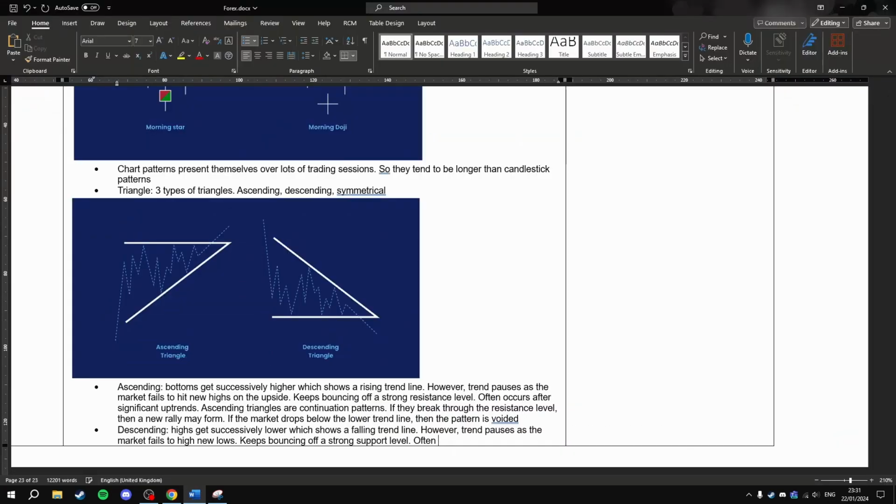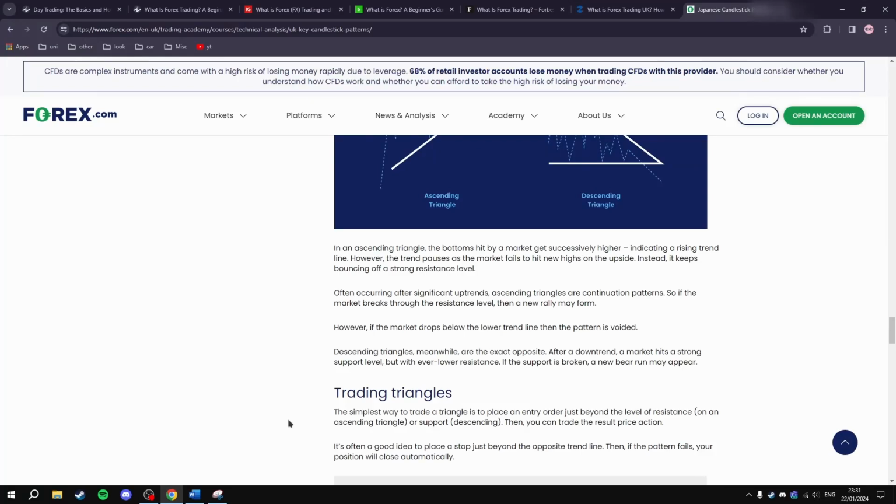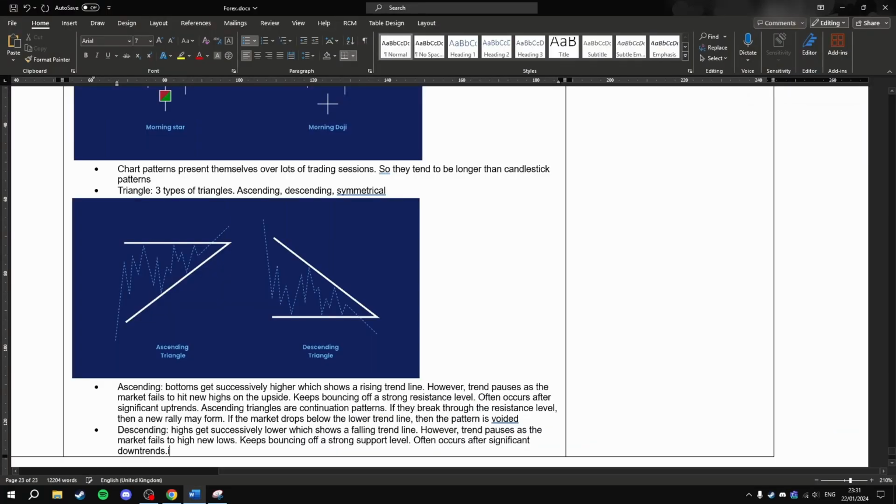This often occurs after significant downtrends. If they break through the support level, then a new bear run may form.